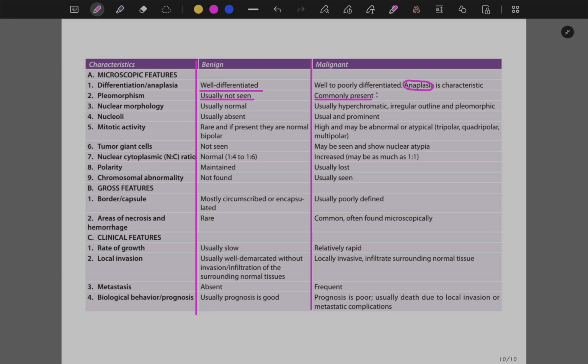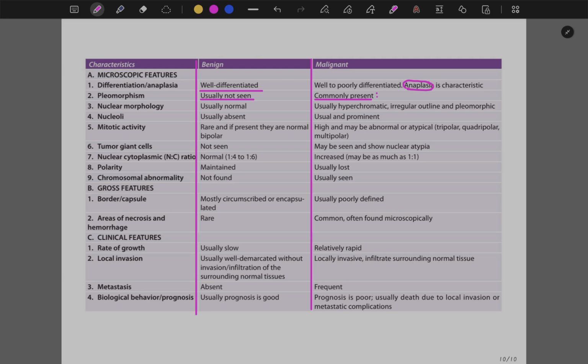Tumor giant cells are not seen in benign neoplasms and can be seen in malignant neoplasms, which show nuclear atypia, meaning hyperchromatic, irregular outline and pleomorphic nuclei.